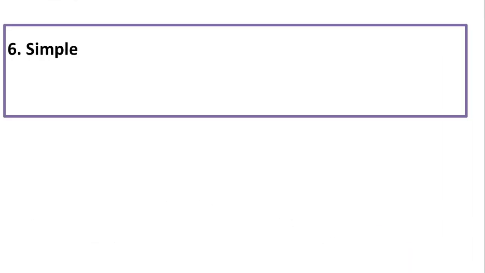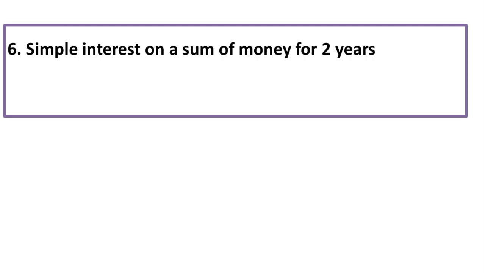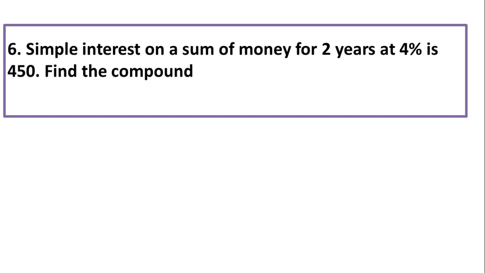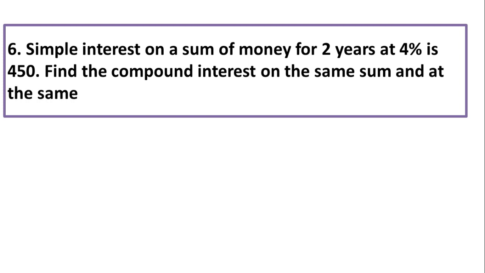Question number 6. Simple interest on a sum of money for 2 years at 4% is rupees 450. Find the compound interest on the same sum and the same rate of interest for 2 years.